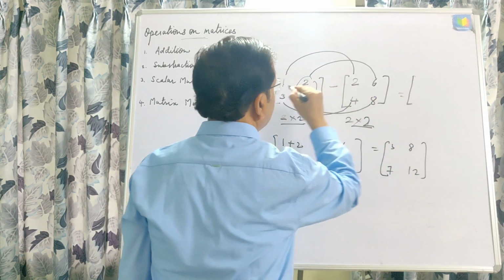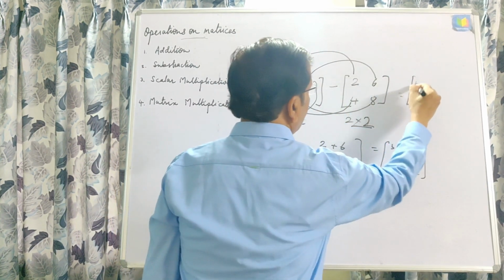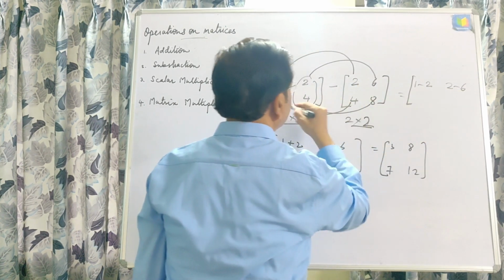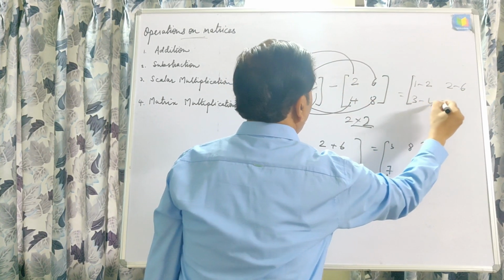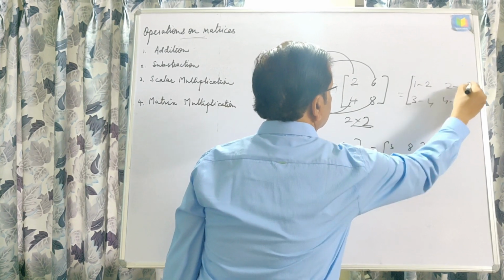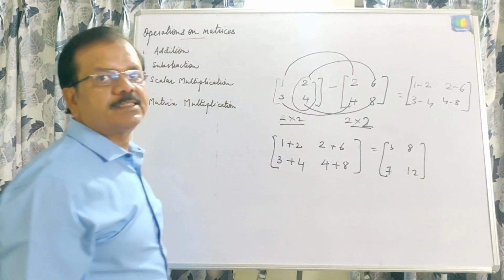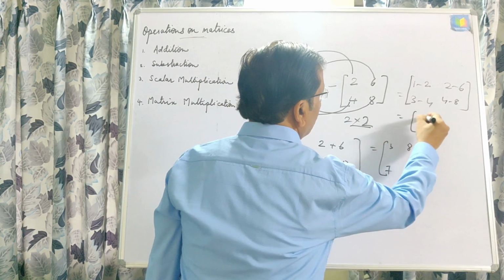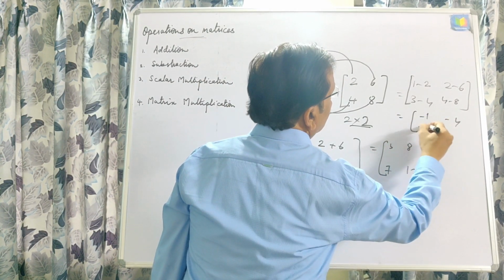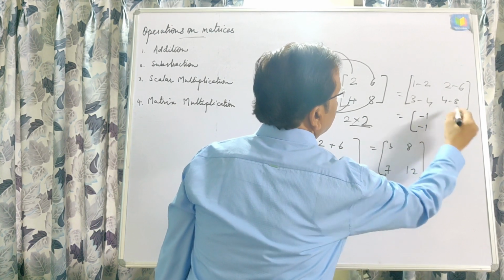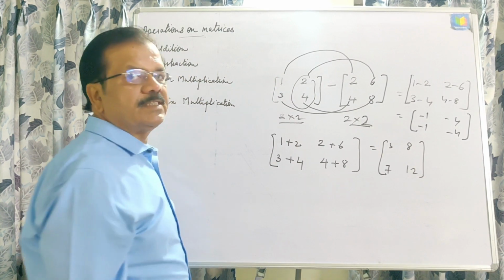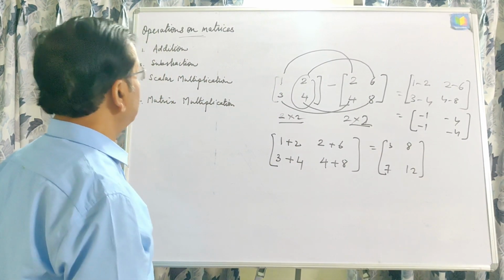For subtraction, this corresponds to this, 1 minus 2, this 2 minus 6, and this is 3 minus 4, and this is 4 minus 8. Corresponding elements are subtracted, and this way we are getting the answer minus 1, minus 4, minus 1, and minus 4. This is the answer in case of subtraction.